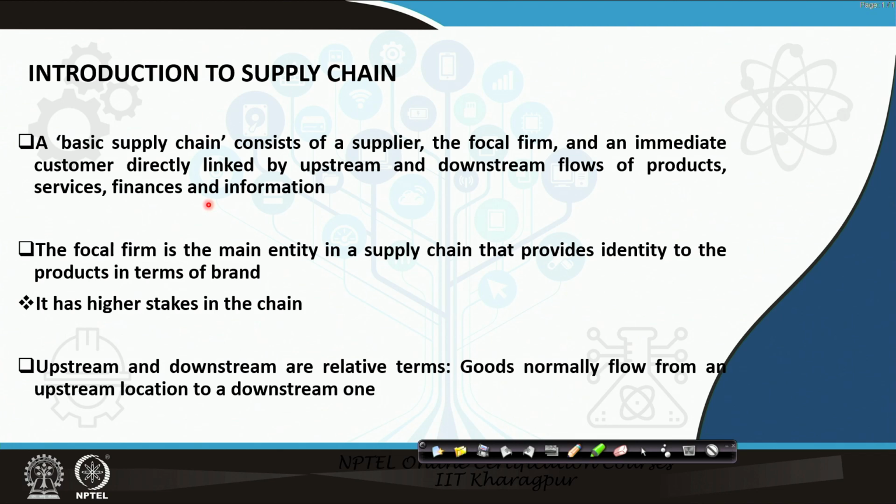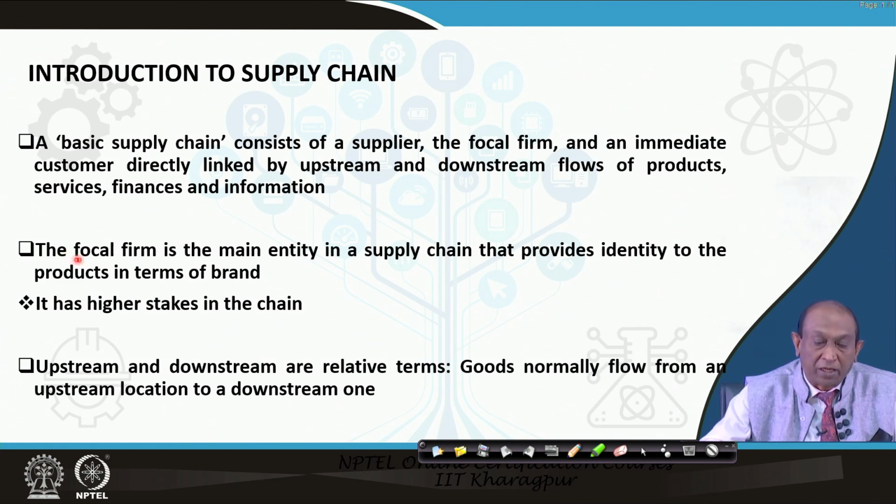Now, a basic supply chain consists of a supplier, the focal firm and an immediate customer directly linked by upstream and downstream flows of products, services, finances and information. Now, here you have to basically understand what we mean by the focal firm.